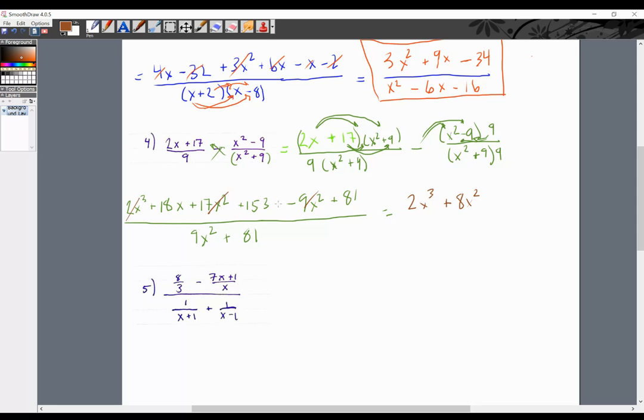Okay, x terms, I have just 1, it looks like, plus 18x. And then my constant terms, 153 plus 81, was that 234? I believe. Okay, and then we'll write the denominator again, 9x squared plus 81. That's it.